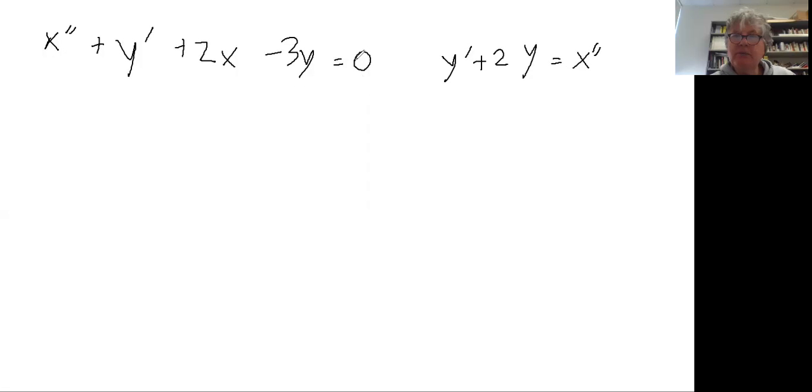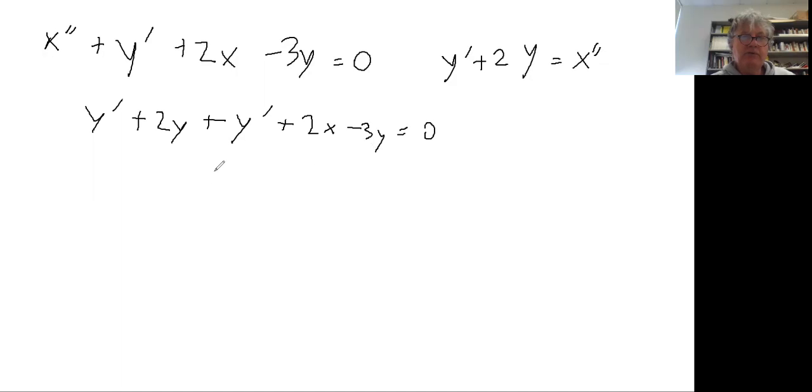To get rid of x double prime, it's fairly straightforward because we see in both equations there's an x double prime. So we can replace the x double prime in the first equation by the left-hand side of the second equation. So we get y prime plus 2y plus y prime plus 2x minus 3y equals 0.